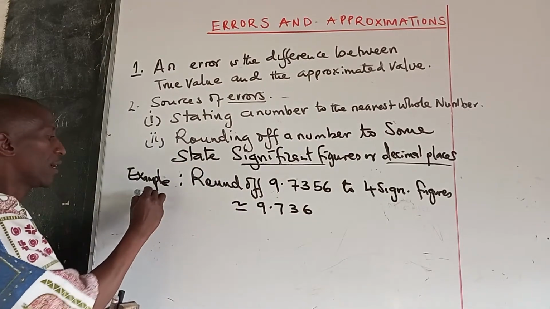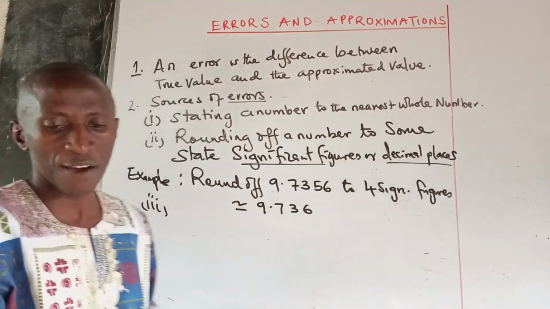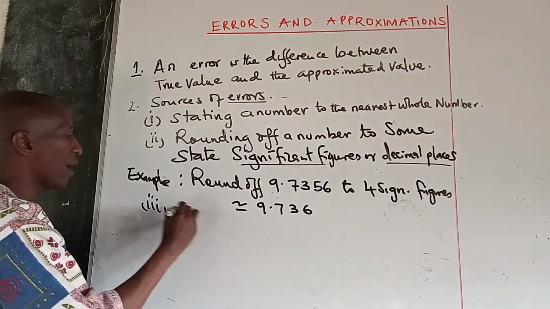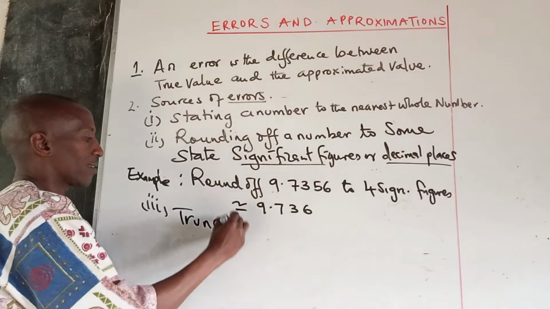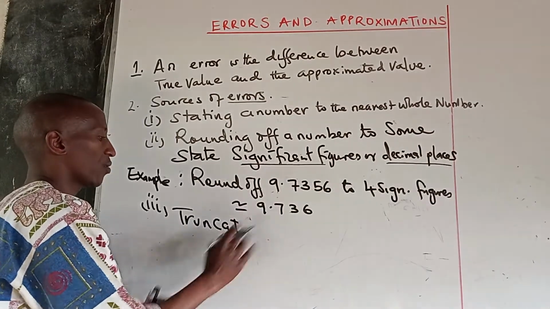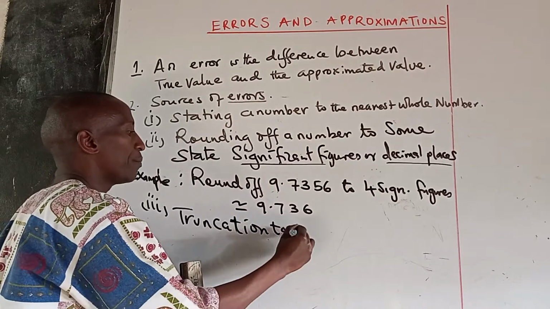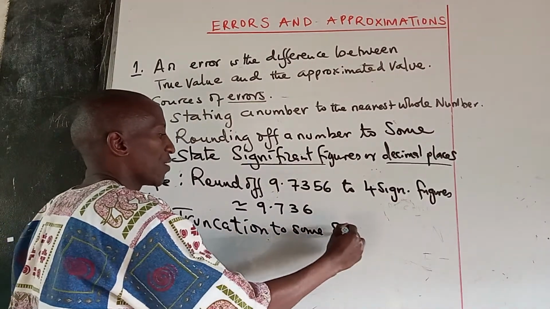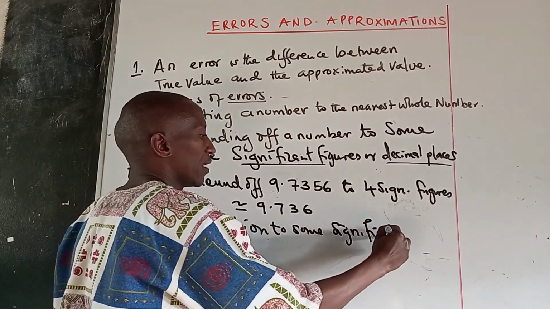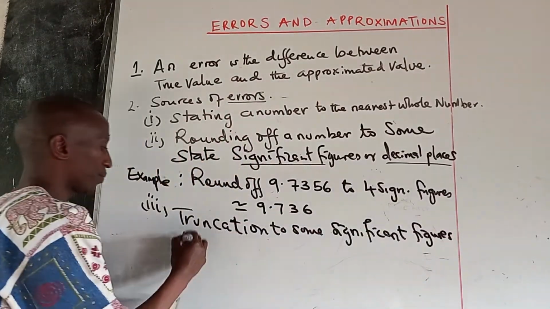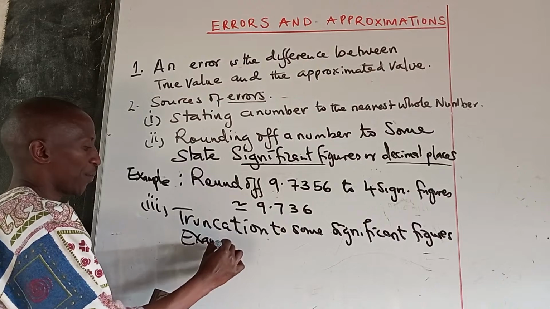In number 3, we may have an error due to truncation. When a number is truncated, for example to some significant figures, we can do an example here.